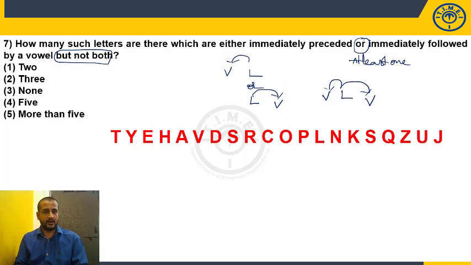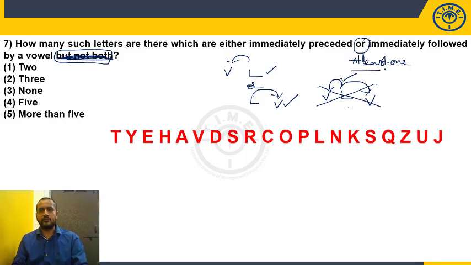But as it is mentioned "but not both," you cannot consider that case. They will mention it specifically. If it is not given, you should also consider this situation. Keep this in your mind.